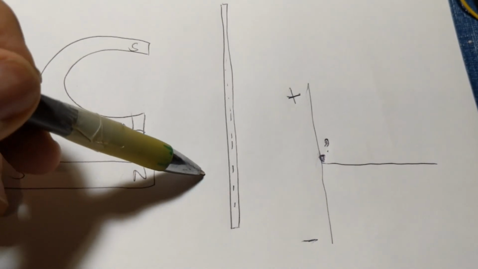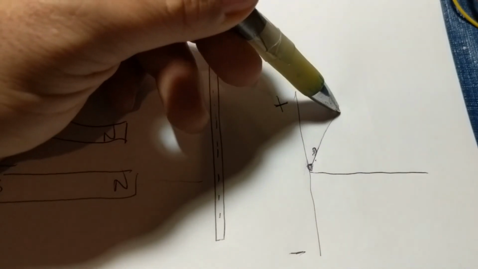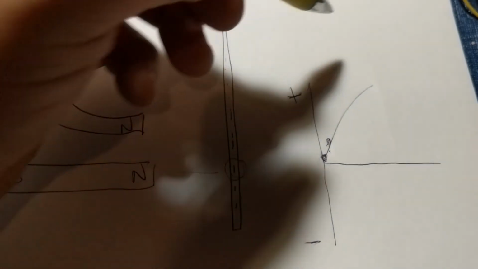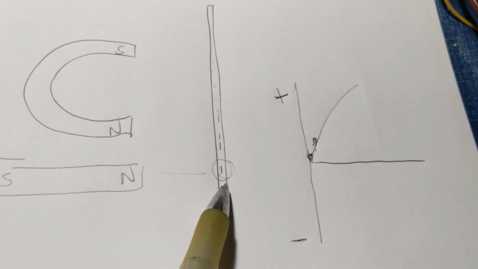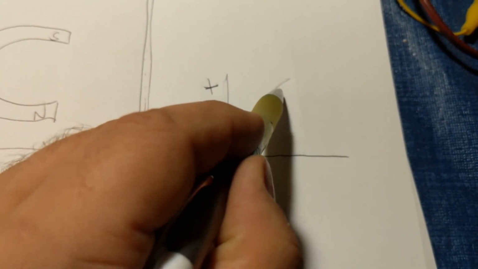So as I move closer to the wire, the field gets stronger. When the magnet is here, that would be the peak. As we keep moving across, the field is going to get weakened because we're moving away from the wire now, so it's coming down.